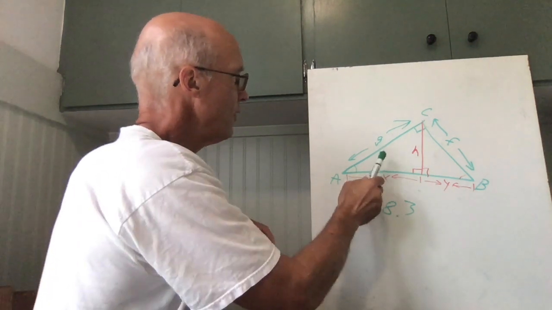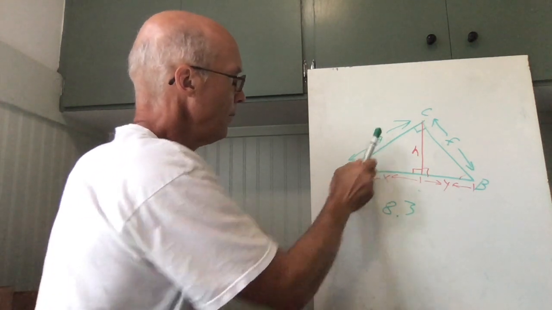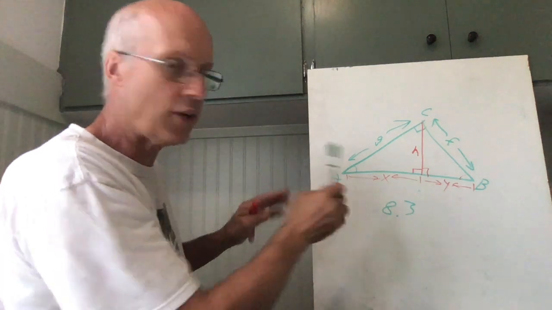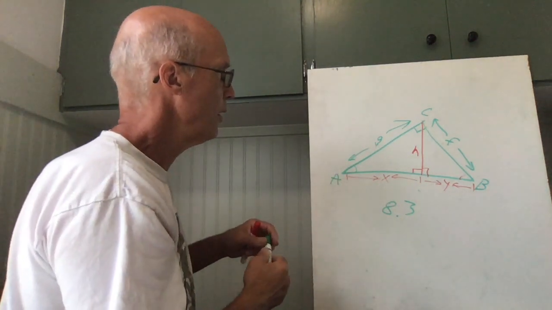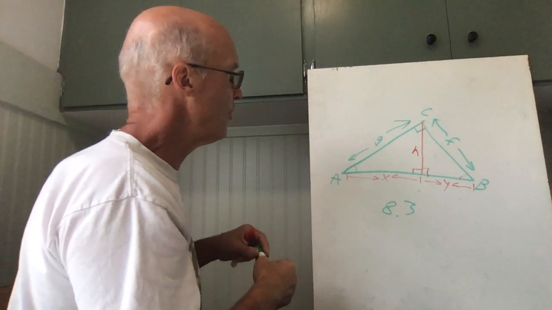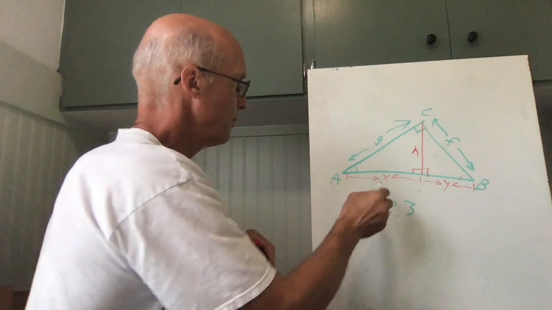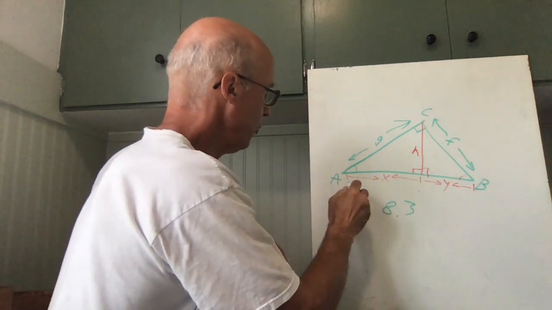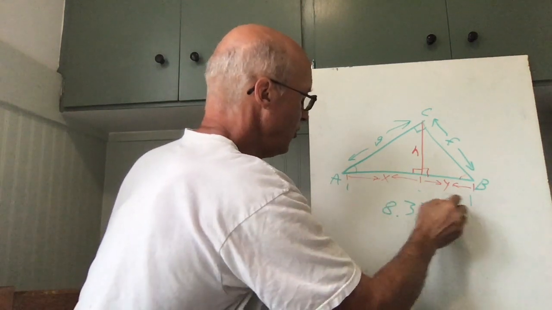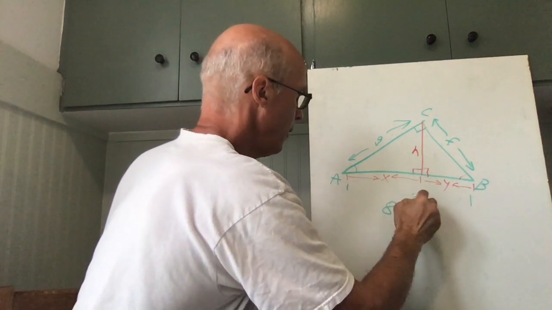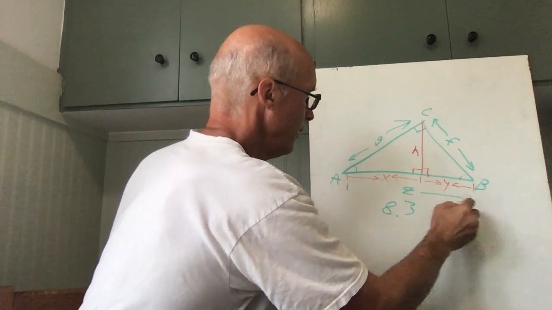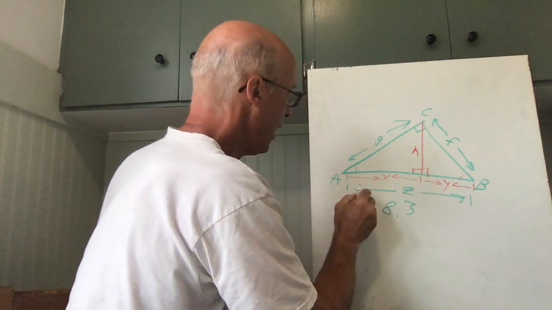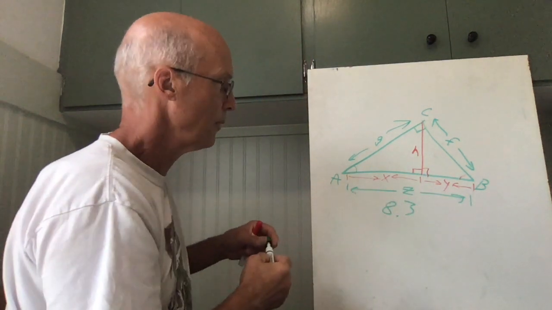Let's concentrate on G, okay? I'm going to call this whole distance Z, just for ease. I could say X plus Y, but it just makes it a little messier.